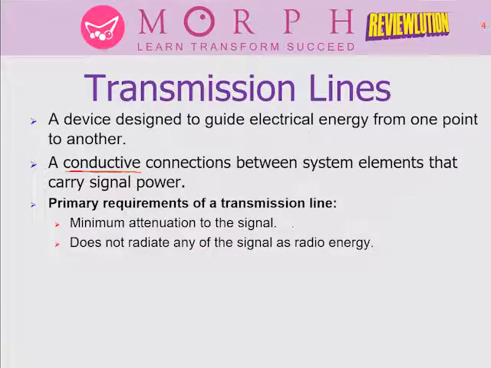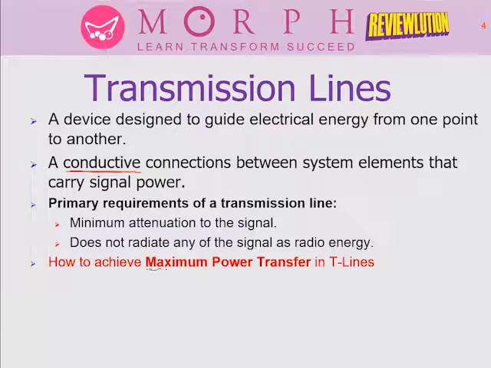So kung iisipin natin, if ito yung requirements ng transmission line, then it means also na yung goal ni transmission line is to achieve maximum power transfer, diba? To have a minimal attenuation and to not radiate your signal but deliver it to the load means you need to achieve maximum power transfer in a transmission line.